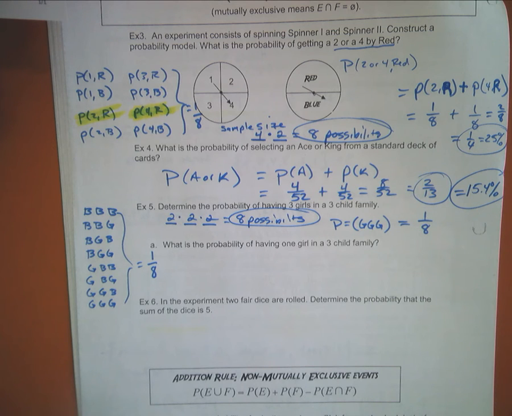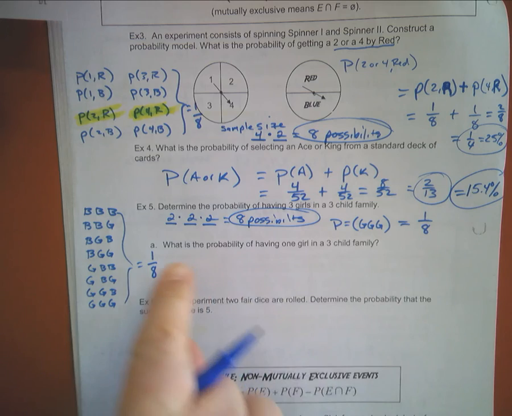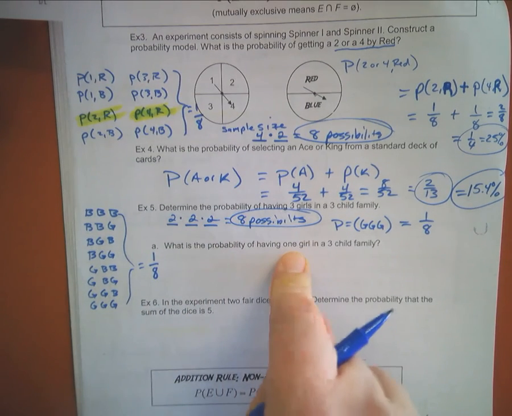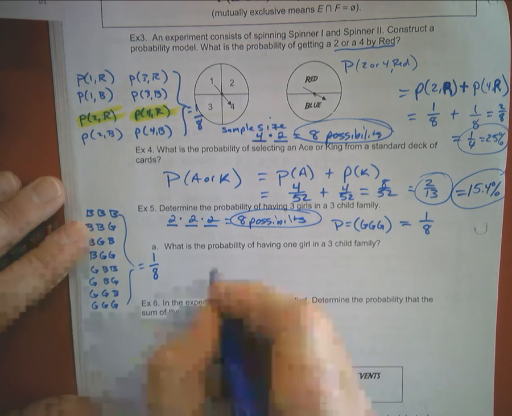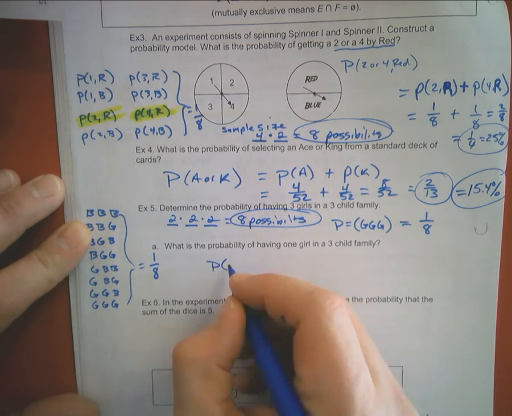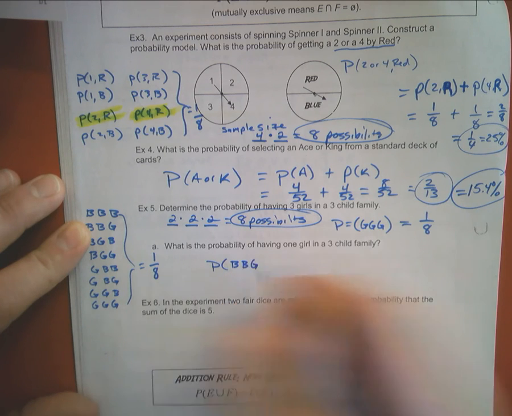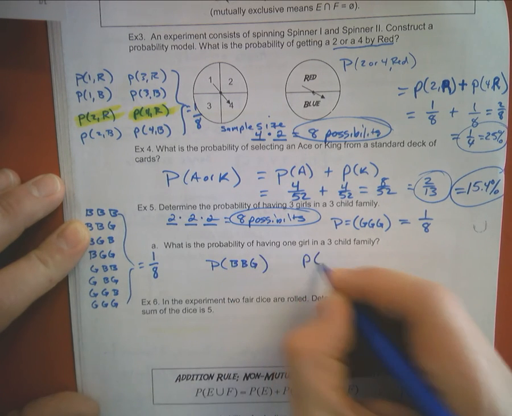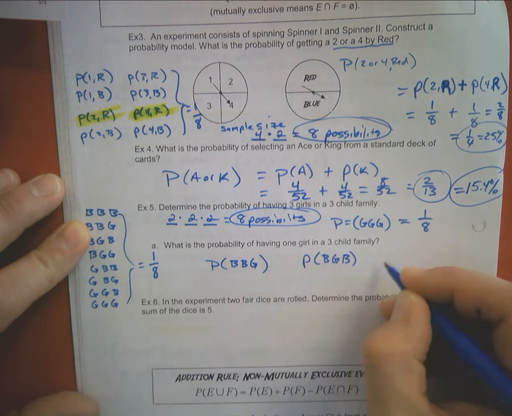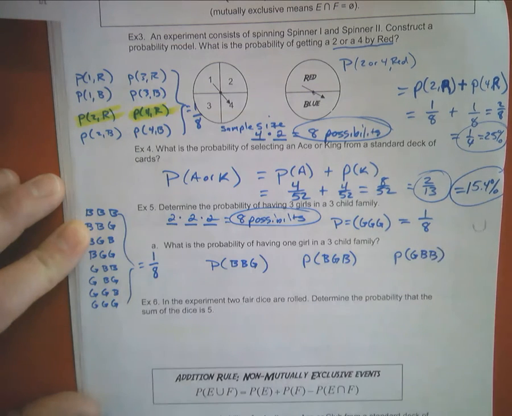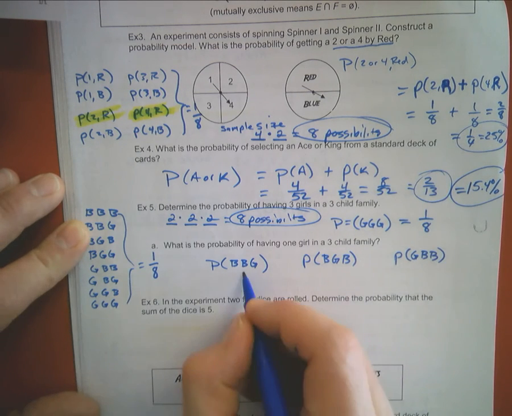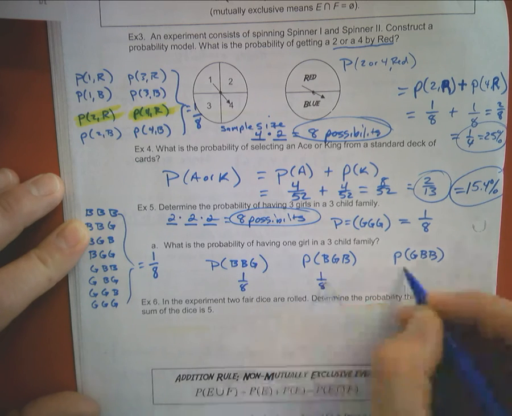So the next part, example 5A or B, whatever you want to call it, says what's the probability of having 1 girl? Just 1. The rest boys. So then you have to look at all the different ways that you can get 1 G, 1 girl. So the probability of BBG, probability of BGB, or the probability of GBB. Each one of these is 1/8.